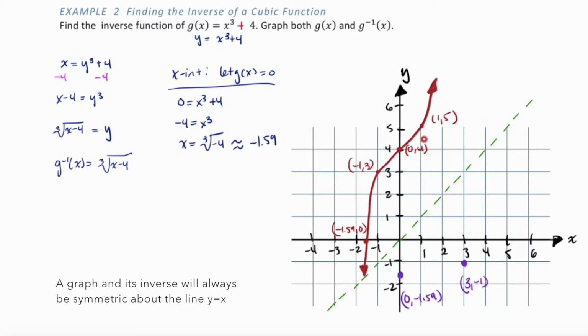From this point, I know I have 4, 0. And then this tells me that my inverse graph should include the point 5, 1. And then we can just connect our dots, remembering that these are going to be symmetric graphs.